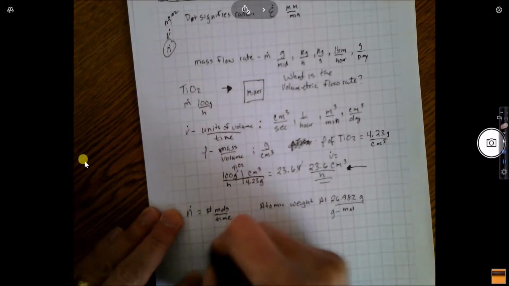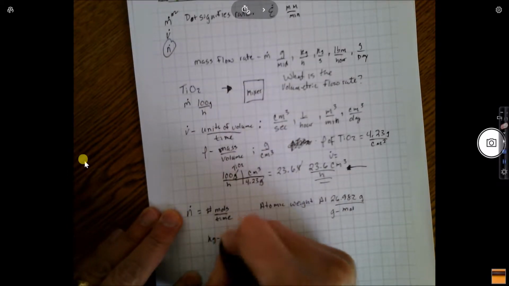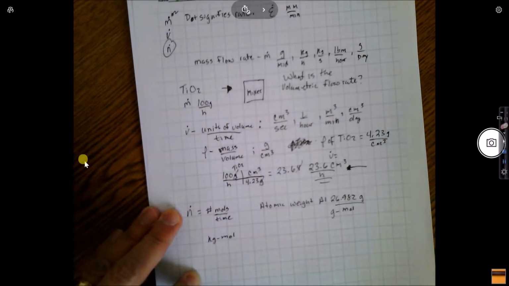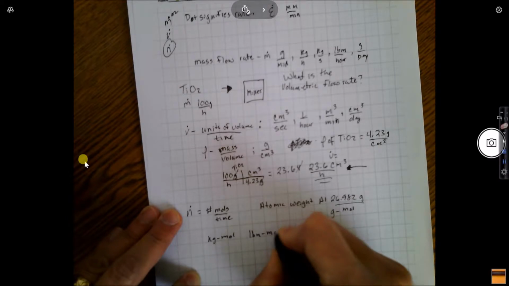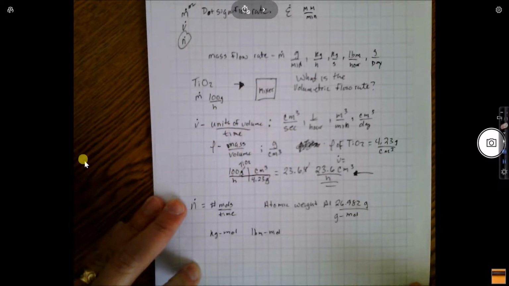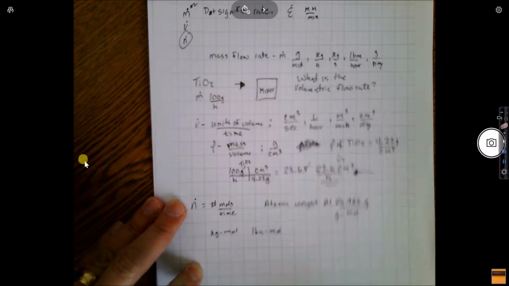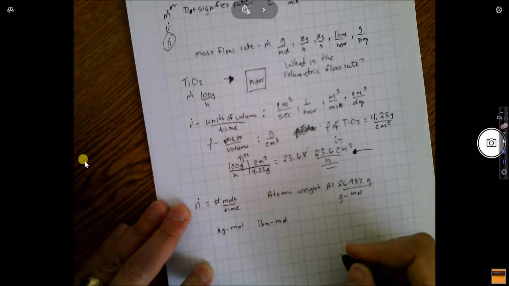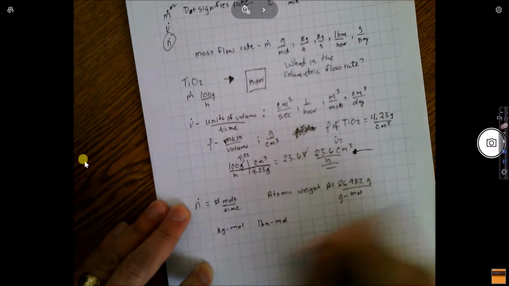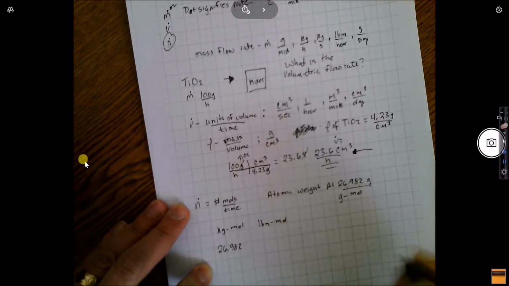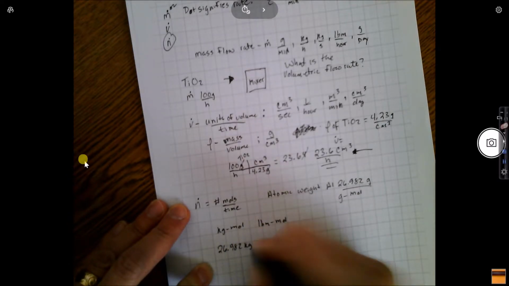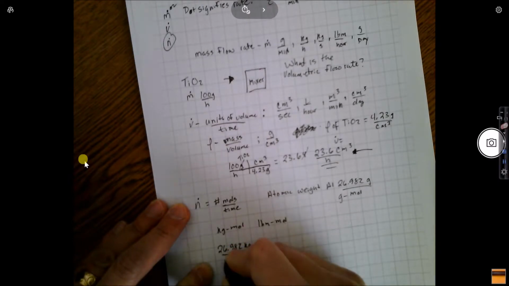In this class, we also deal with kilogram moles, and we also deal with pound mass moles. So we also deal with some imperial units in this class. And it just so happens that the atomic weight of aluminum is 26.982. There's 26.982 kilograms per kilogram mole.